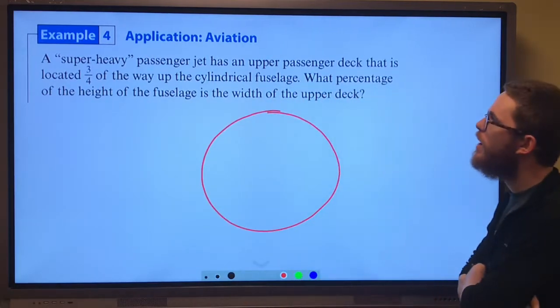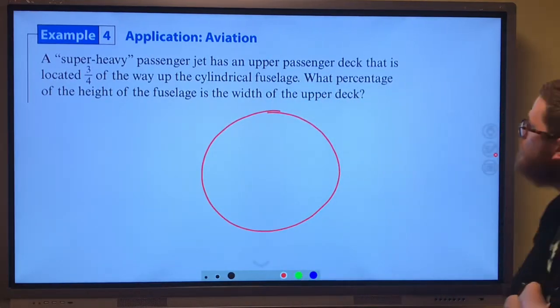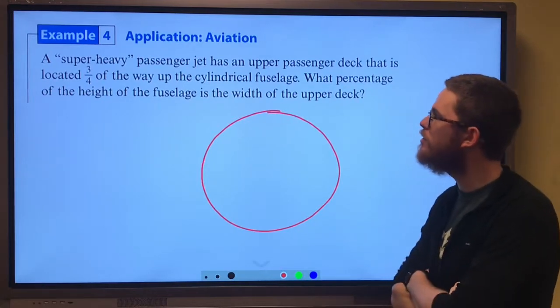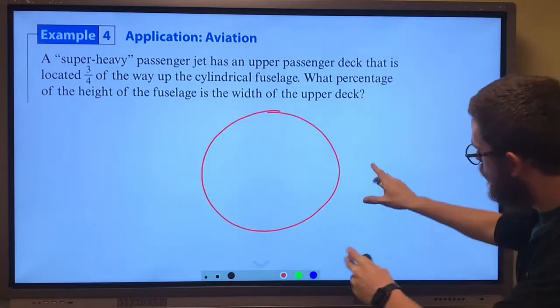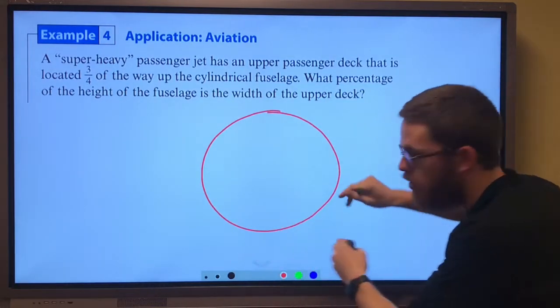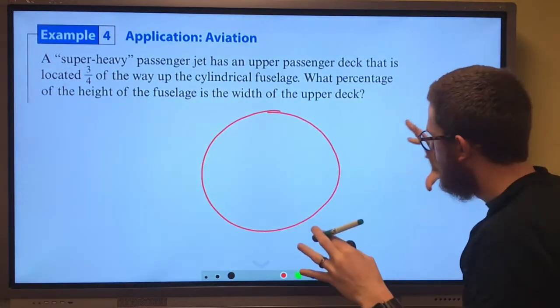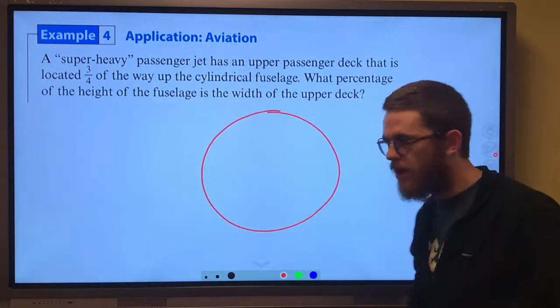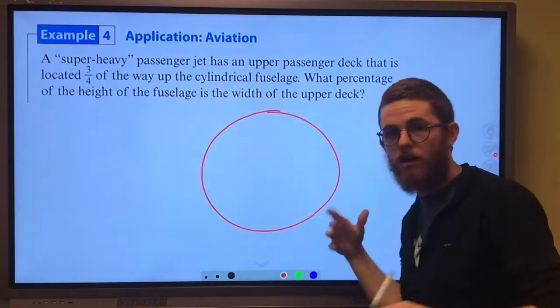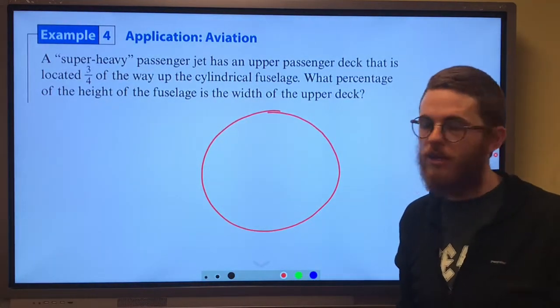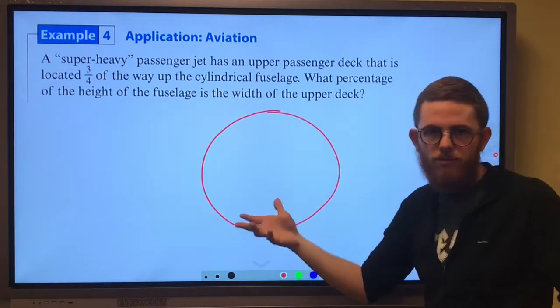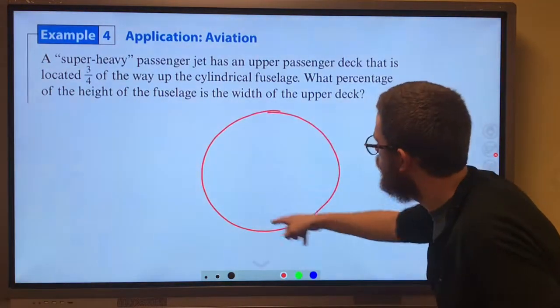A super heavy passenger jet has an upper passenger deck that is located 3/4 of the way up the cylindrical fuselage. So I drew the circle here. It's like you would cut that airplane in half and you see the fuselage, the area where all the people sit, with cargo underneath. It's very cylindrical, so it's a circle when we cut it.